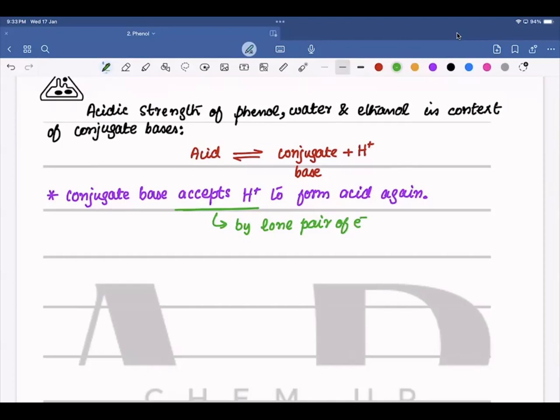It accepts the hydrogen ion very readily and turns into the undissociated acid molecule. The other accepts the hydrogen ion with difficulty, takes more time, and does not accept it readily to form the acid again. So which conjugate base will be of a stronger acid? The one which reacts readily or the one which reacts less readily?